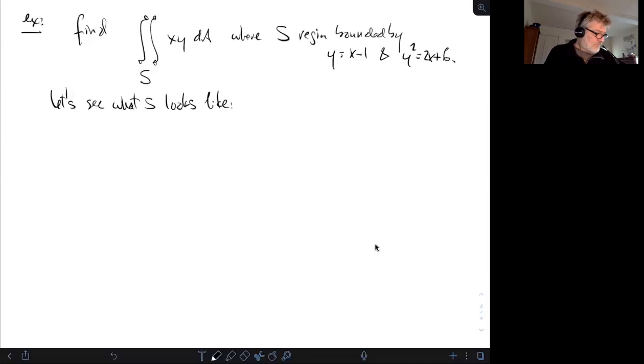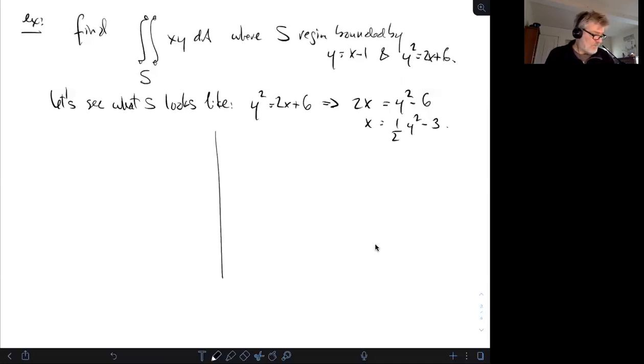Okay, so let's start with y squared equals 2x plus 6. As you can see, it's the y which is squared, so it's a parabola on its side, right? So I'll solve for x. So this is 2x equals y squared minus 6, or x equals 1/2 y squared minus 3.